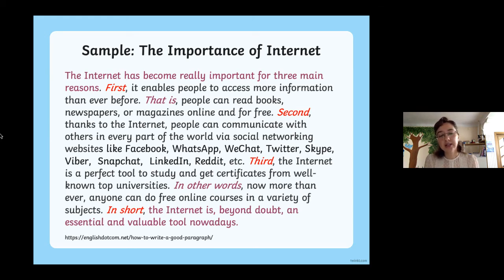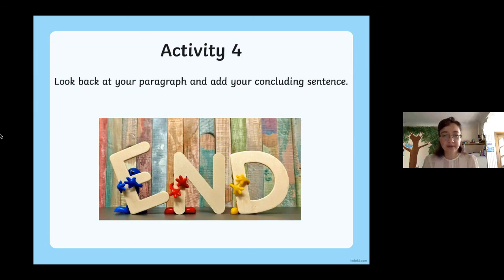So you see, your concluding sentence gives one more last reason for your topic, that it is essential, to make the reader build confidence in what you have written, to make it more persuasive. So that's why it's strongly recommended that you include a concluding sentence whenever writing a paragraph.